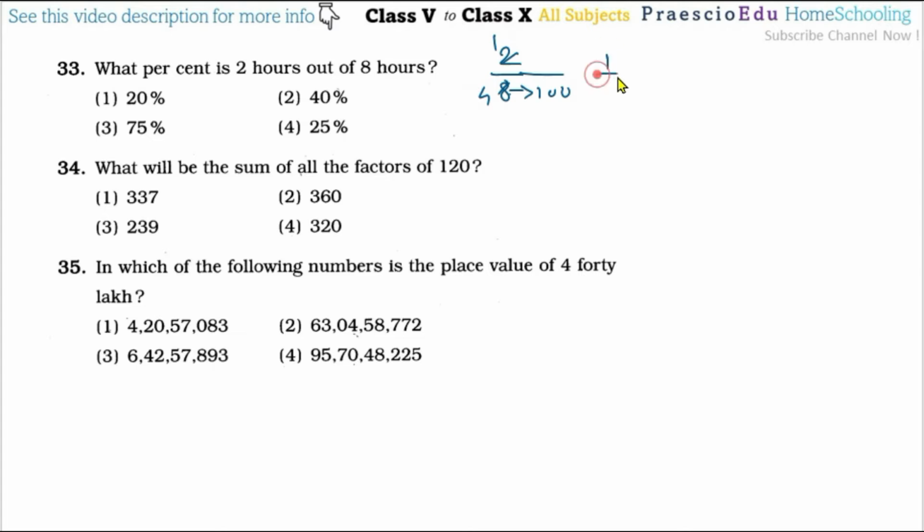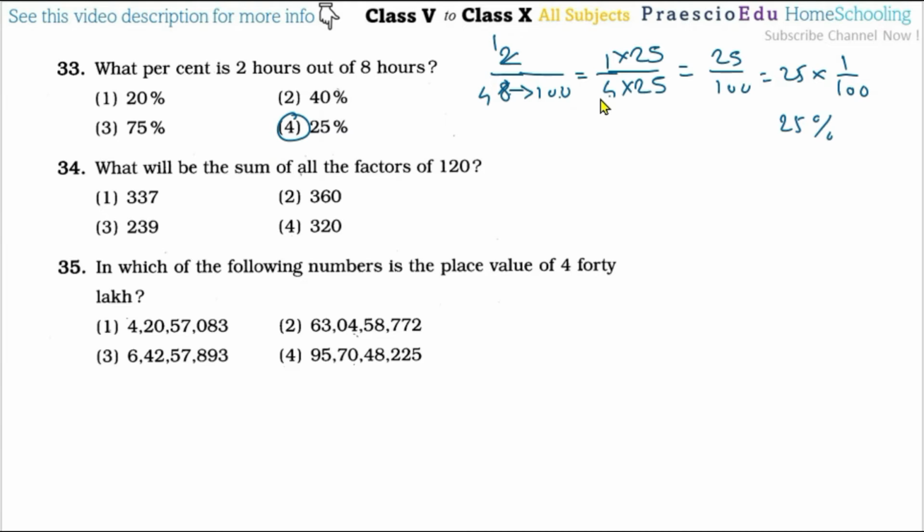So now 1 by 4 is there, and 4 has to be converted to 100, so we have to multiply by 25. The same 25 we have to multiply in the numerator, so 25 by 100, that is 25 multiplied by 1 by 100, and 1 by 100 is the percentage, so 25 percent. That is a simple way. So this is given in option number 4.